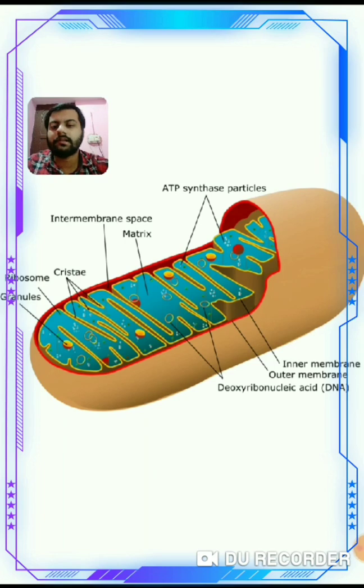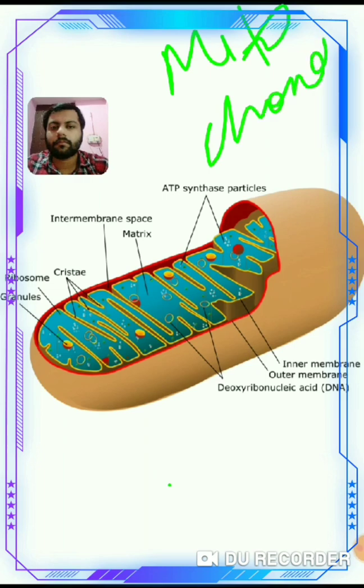The first one is mitochondria. About mitochondria, the first point is its shape. Mitochondria is cylindrical, rod shaped or sausage shaped.